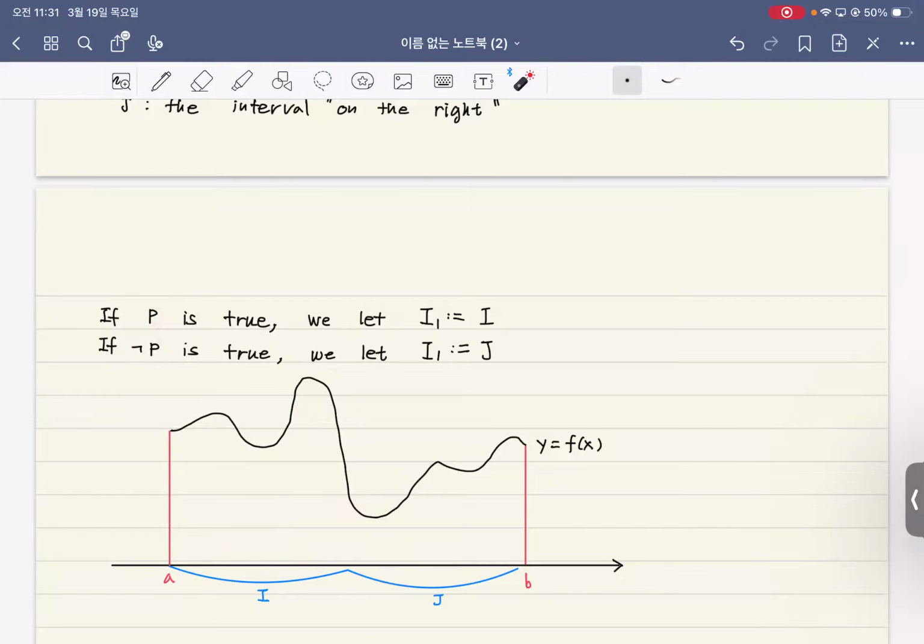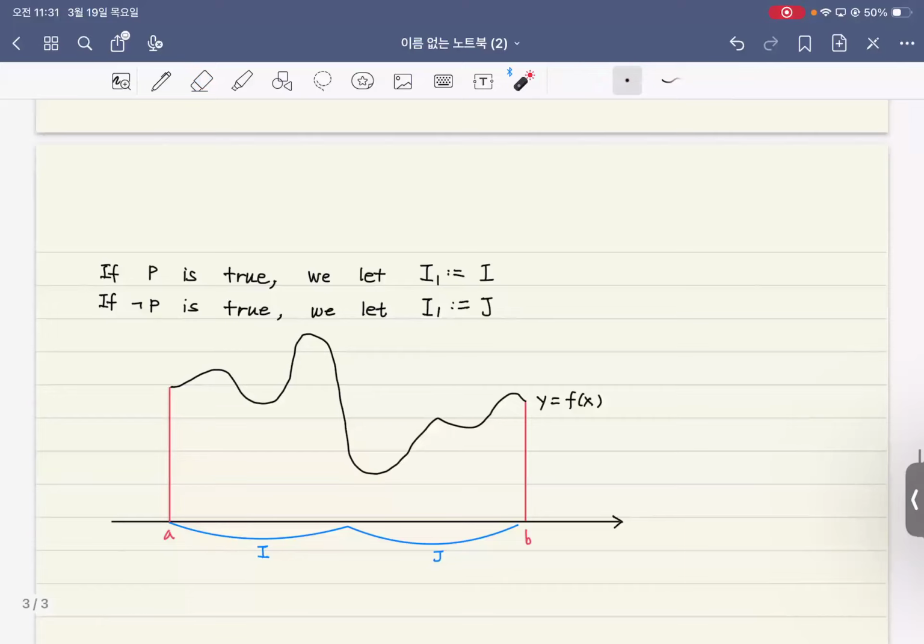Therefore, this interval I is going to be called I1. This one has been chosen, and the other will be dropped out of consideration.